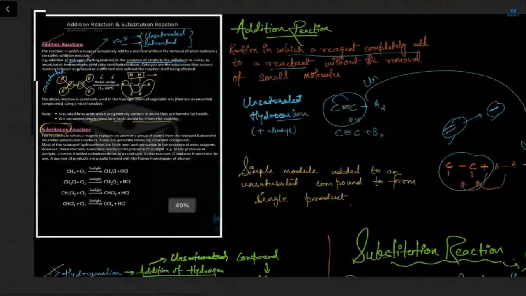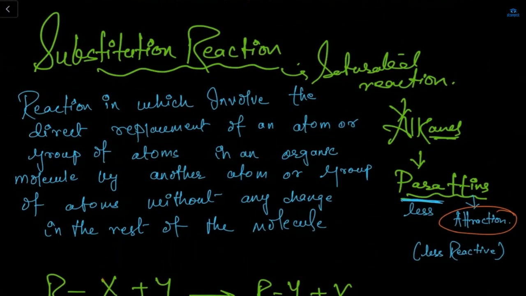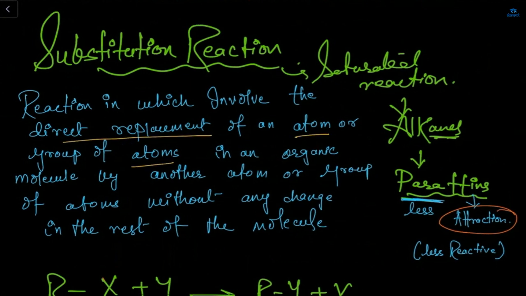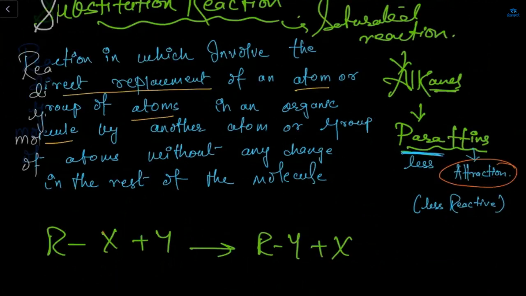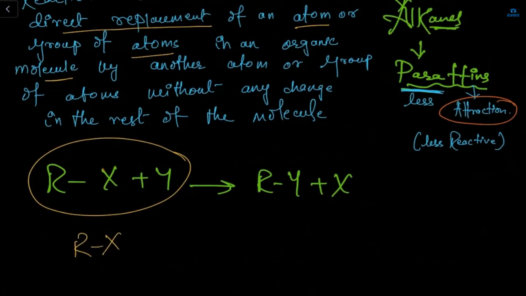Now we will go through what the substitution reaction is. A substitution reaction is a reaction which involves the direct replacement of an atom or a group of atoms in an organic molecule by another atom or group of atoms without any change in the rest of the molecule. For example, let's say R plus X. This is one compound and Y is the other compound.